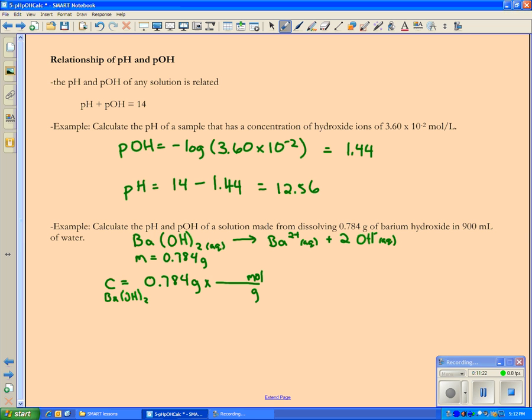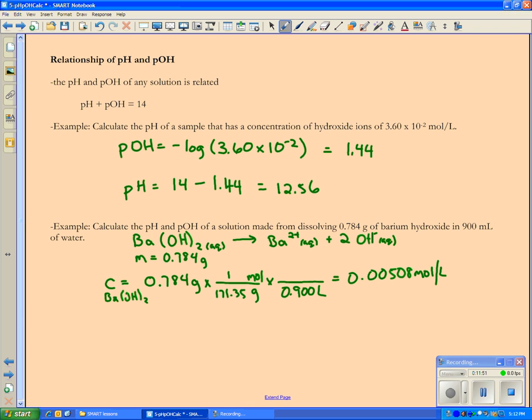The molar mass of this compound is 171.35. And we're also looking for concentration, which is moles per liter, so we want to divide by 0.9 liters. That's going to give us a concentration of 0.00508 moles per liter.